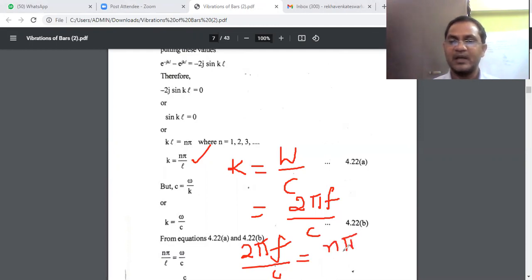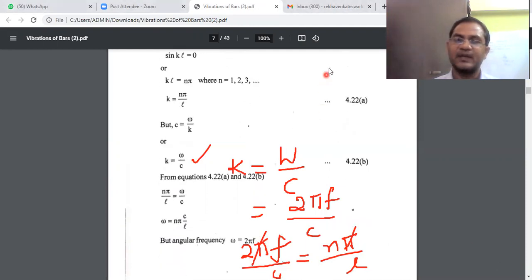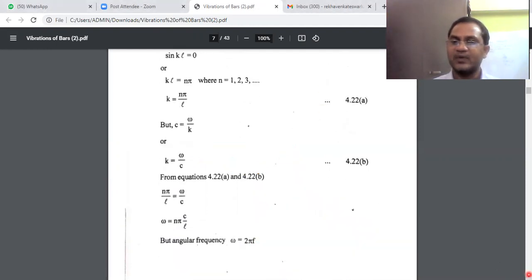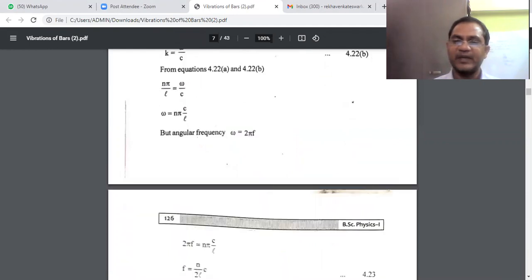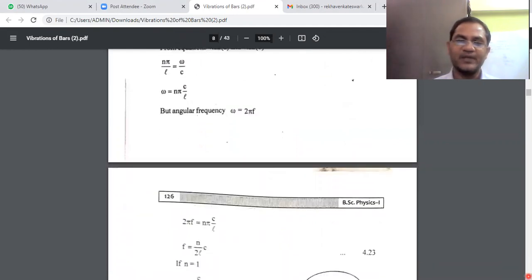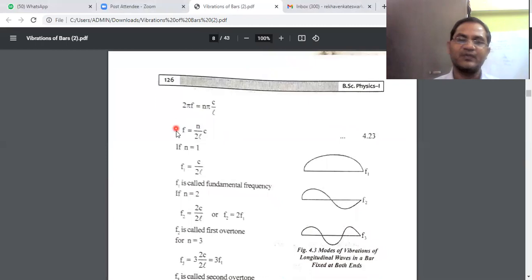Pi cancels. Then f is equal to nc by 2l. That is the frequency of the nth mode of vibration.